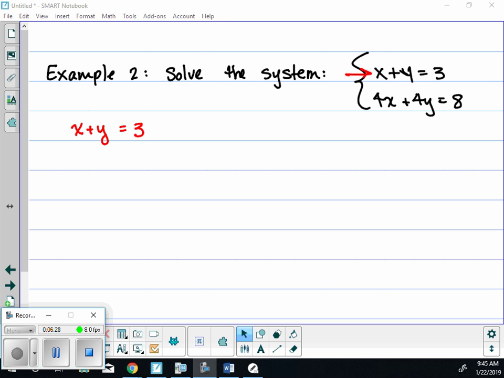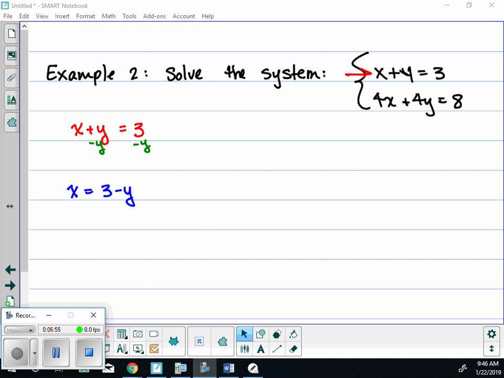X it is. So to get x by itself, subtract y from each side, we get x equals 3 minus y.